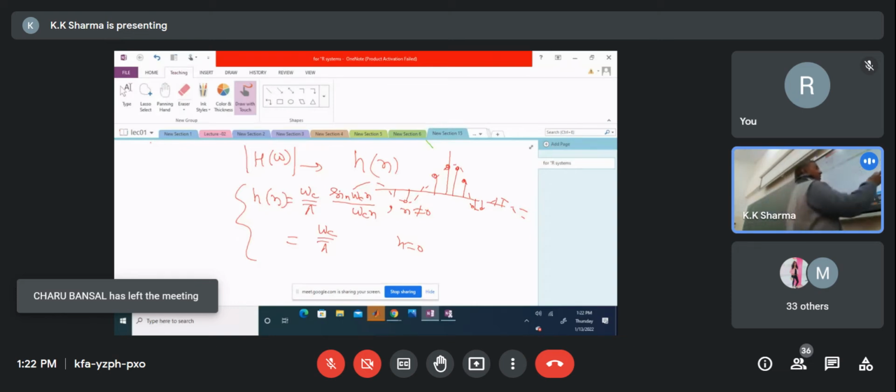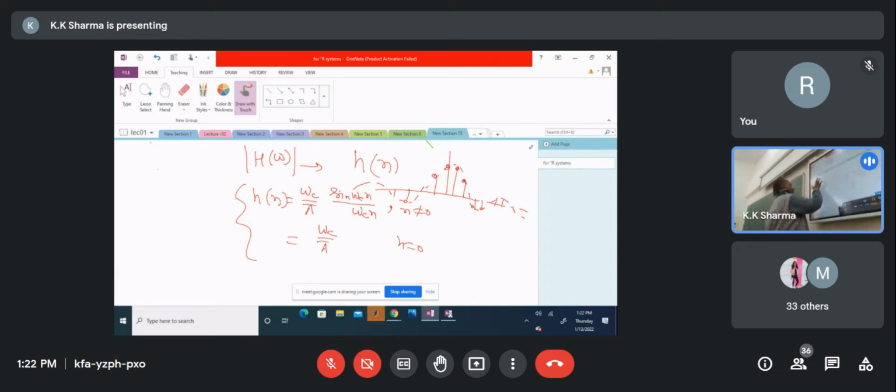But for any physically implementable filter, your impulse response should be causal. That means h of n should be 0 for n less than 0. This is the condition for causality of the filter, that means physical realizability. So your response should not appear before you apply the input.